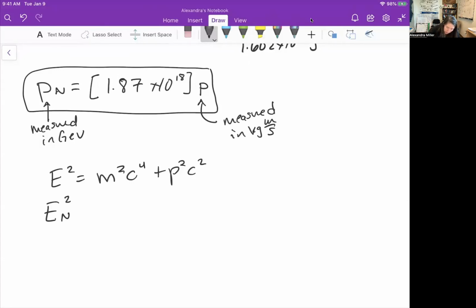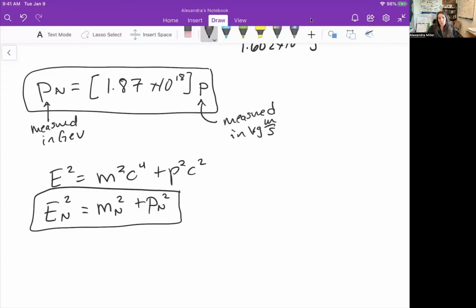This is equal to the natural mass squared plus the natural momentum squared. And so this is the sense in which, by rewriting our equations in terms of these new variables, it's like we're setting c equal to 1, right?